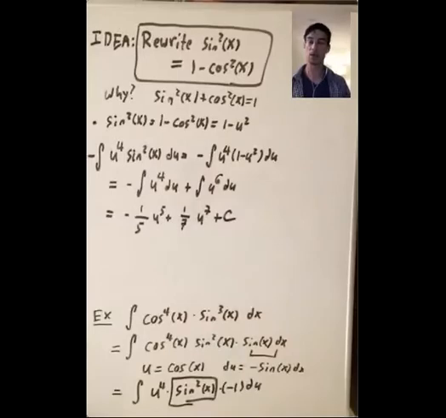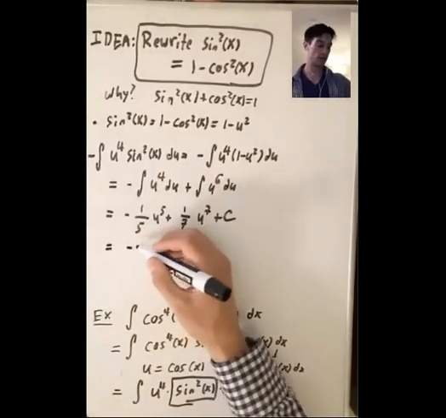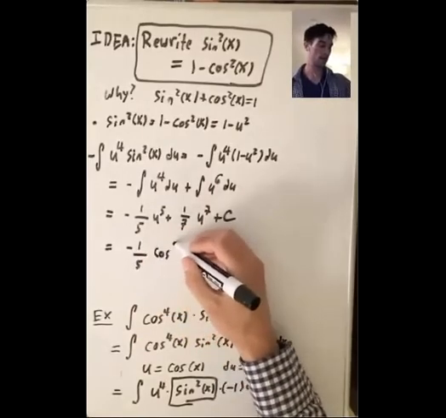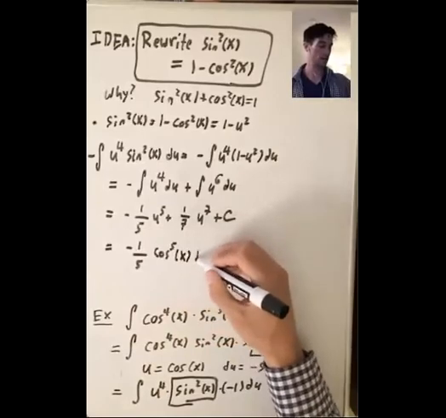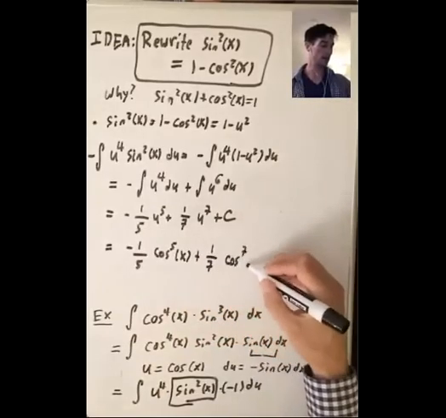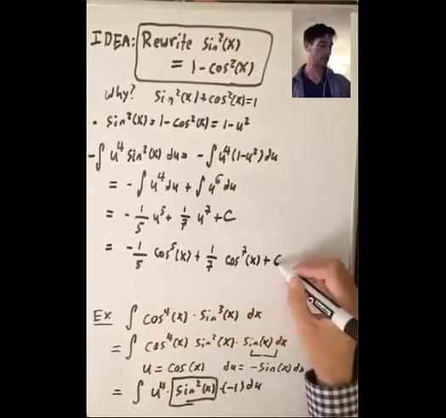And we started with a function of x, so we should finish with a function of x, substituting back minus 1/5 cosine to the 5th x plus 1/7 cosine to the 7th x plus c.